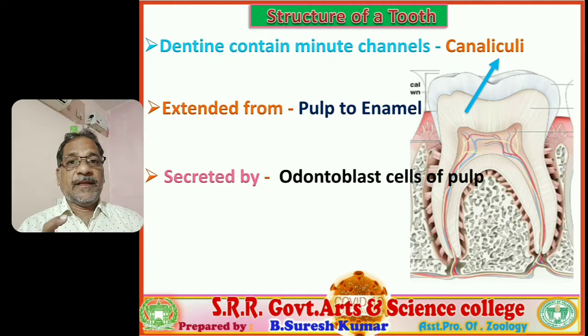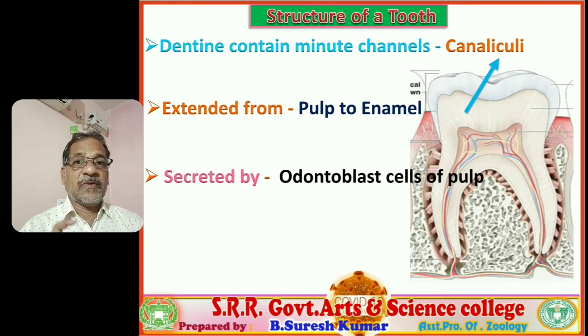Remember, in the last slide we discussed ameloblasts. Those ameloblasts derived from the ectoderm germinal layer gave rise to enamel. But here the odontoblasts are derived from mesoderm, and they give rise to what? Dentin substance. Last class we also discussed that teeth are dual in origin.